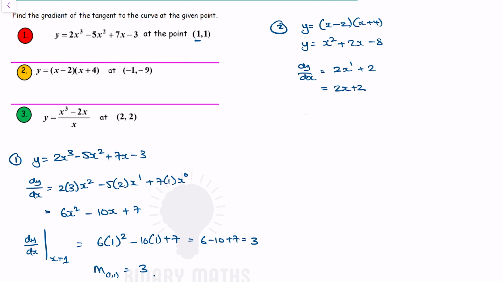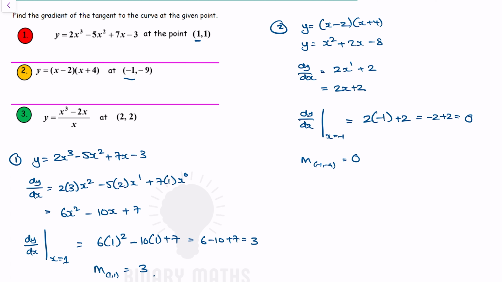If I'm finding dy/dx at the point (-1, -9), then I only need to substitute x equals minus 1 into here. So dy/dx at x equals minus 1 is 2 times minus 1 plus 2, which is minus 2 plus 2, which is 0. So the gradient at the point (-1, -9) is equal to 0.